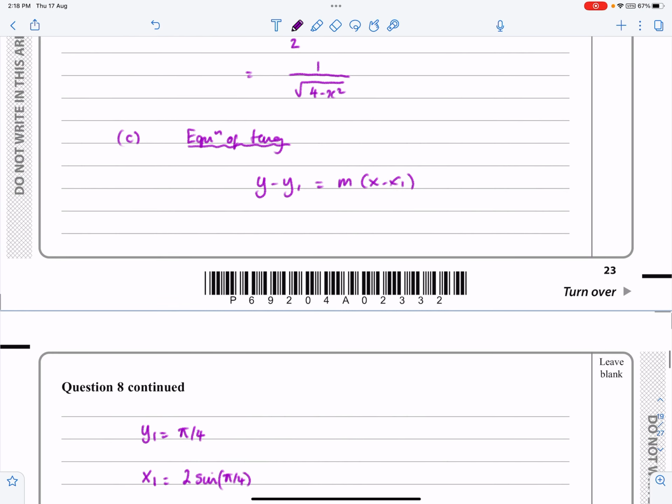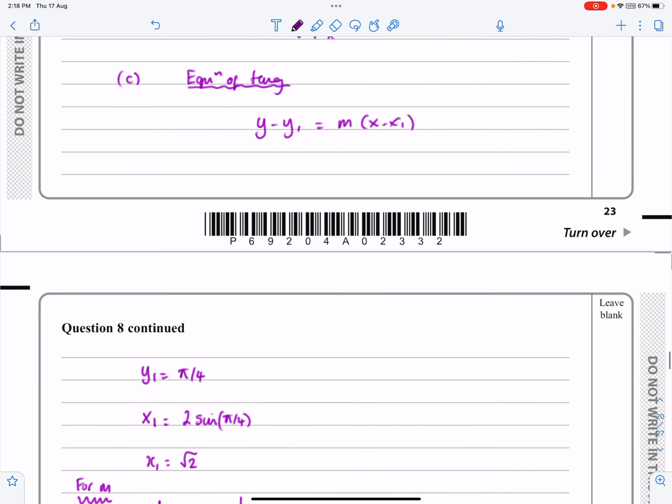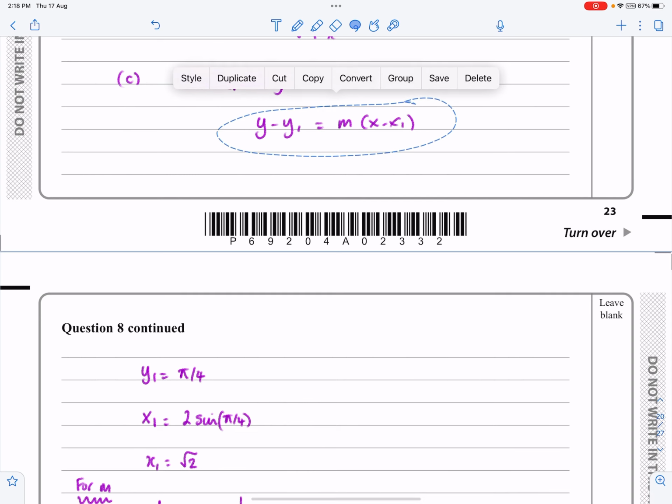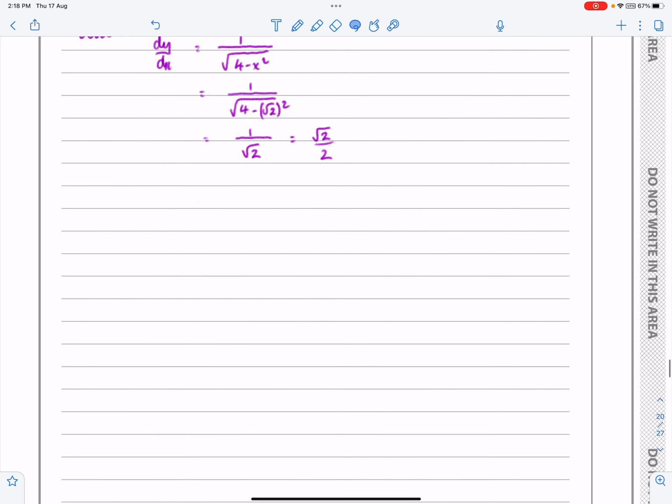So now, if we go back to this one, I'm actually just going to copy that out again and say for my equation of a tangent, what's x1, what's y1, and what's m. I always do this because it's a good idea. You don't have to, but it just makes it clear to the examiner what values I'm using. So x1 is root 2, y1 is pi over 4, and m is root 2 over 2.